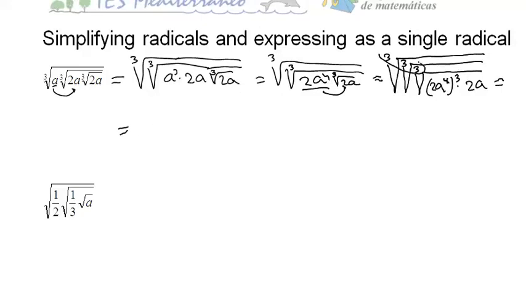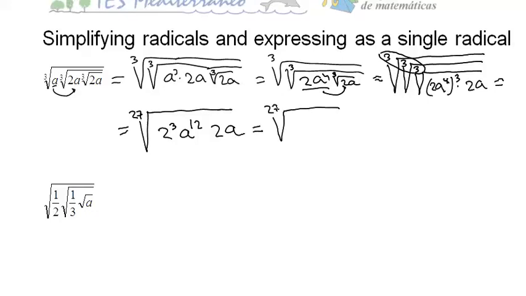We've got 3 times 3 times 3, which is 3 cubed, which is 27, and this one is 2 cubed a 12 times 2a, which is equal to the 27th root of 2 to the 4th times a raised to 13.